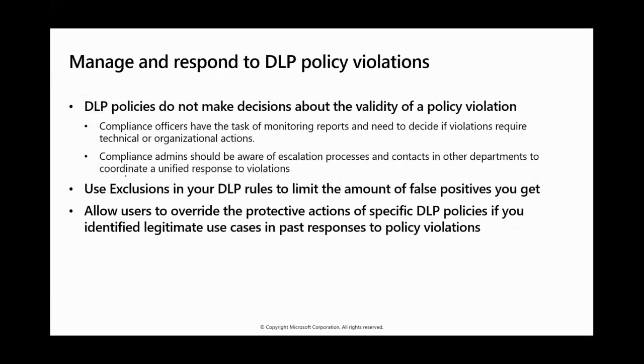Using this information, we can validate that those movements of information are legitimate and they were made in the same way in the past. So we can respond in a different way to the implementation of these DLP policies.